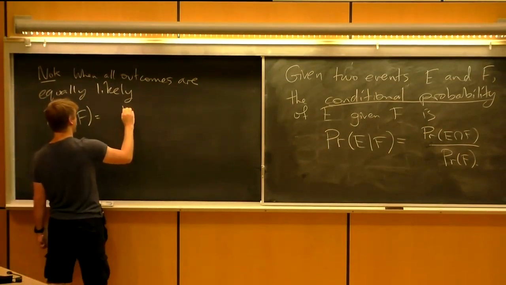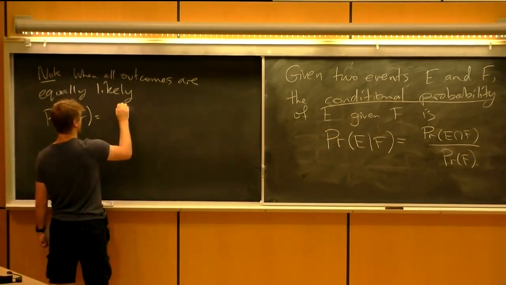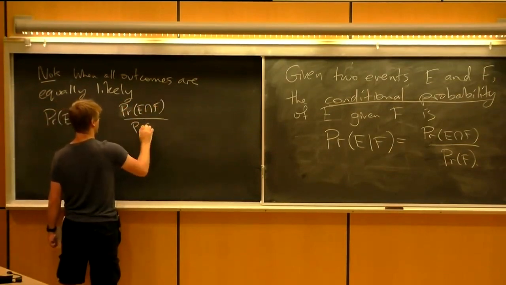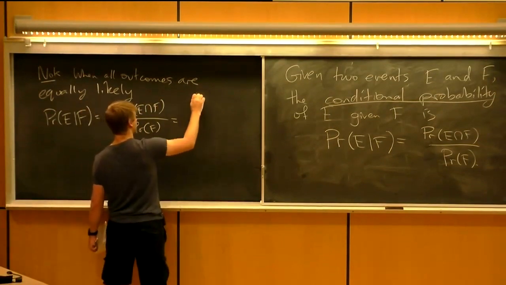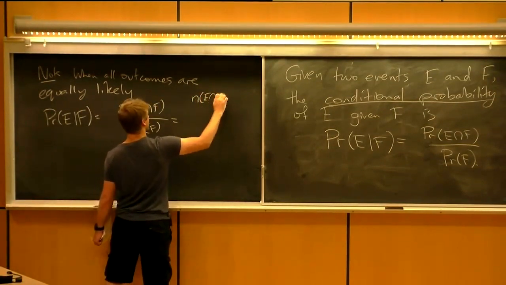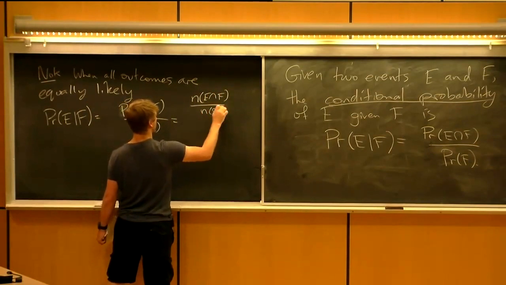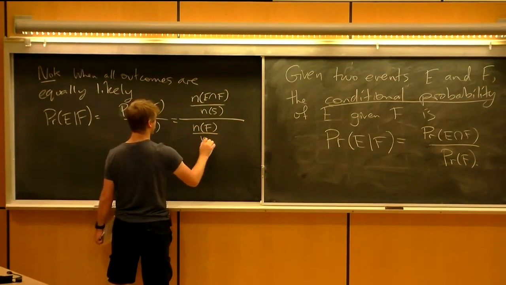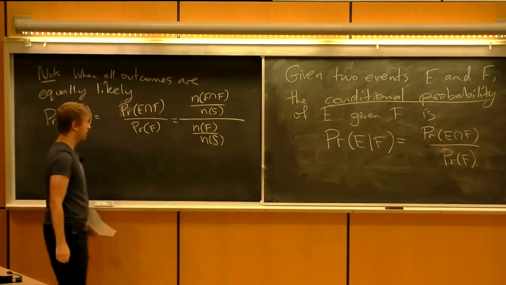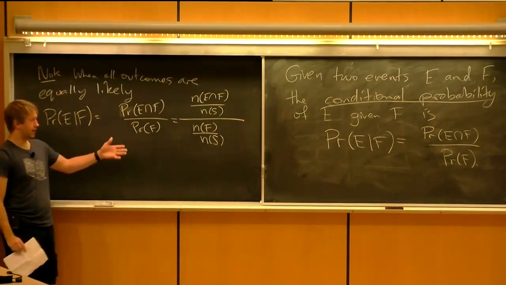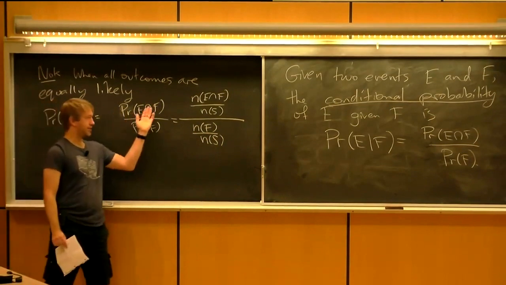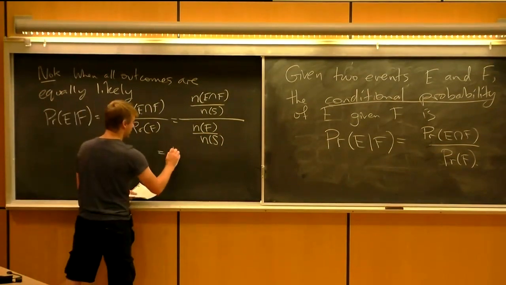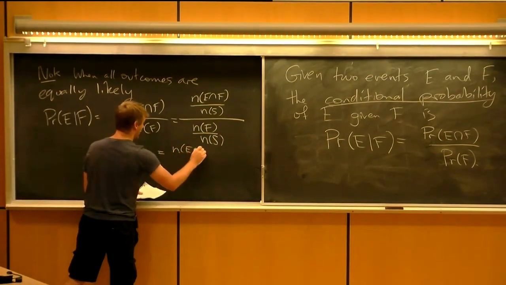So by definition, this is just this, which, if everything's equally likely, you can replace this by this and this by this, and then you get cancellation, right?